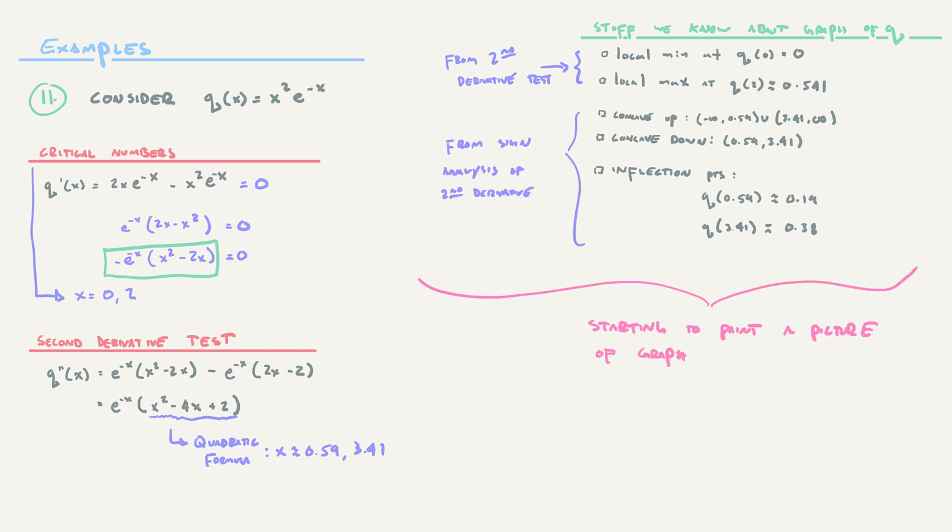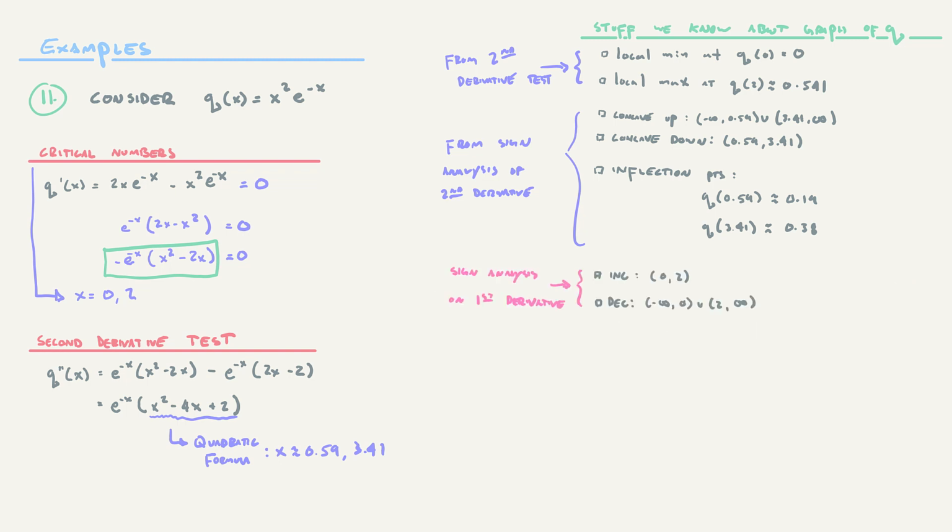Now, at this point, this is where what we're able to do right now sort of stops. We actually can do more. Like we can find where the intervals of increasing and decreasing are with a sign analysis on the first derivative. I would argue that if you're going to have to do a sign analysis using the first derivative to see where it's increasing or decreasing, then there's no point in using the second derivative, because you could just find the maximums and minimums by doing a sign analysis on this.